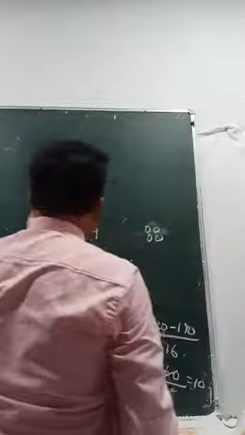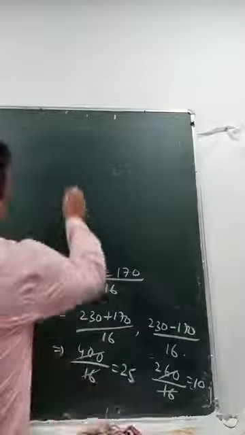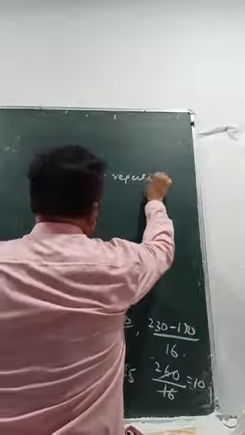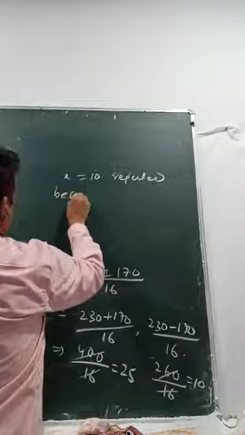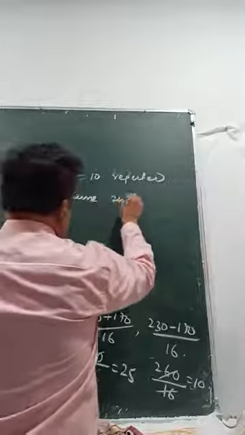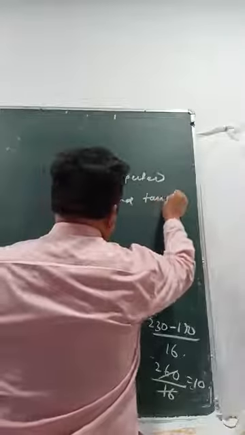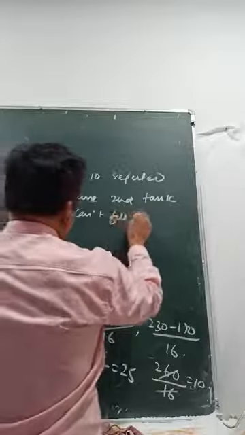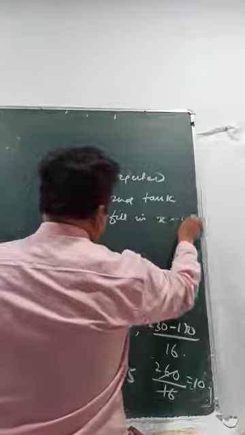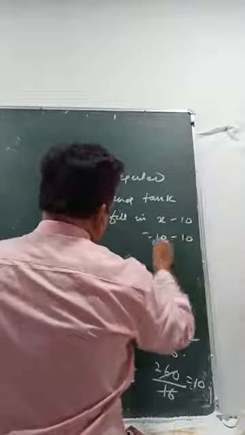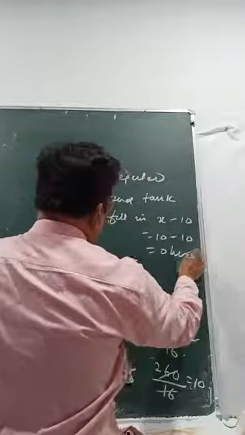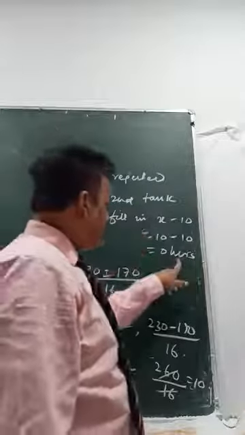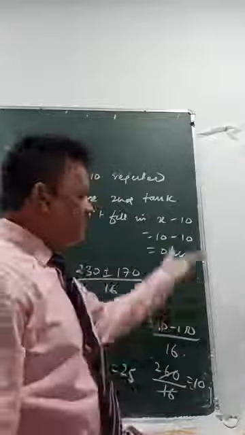Why is 10 rejected? Tell me. It is positive, so why rejected? Because the second 10 cannot be in x minus 10, meaning 10 minus 10 is 0 hours. If x is 10, then the second pipe is filling in 0 hours. 0 hours is not possible. Then how can the tank be filled?